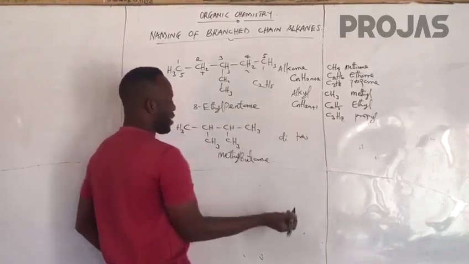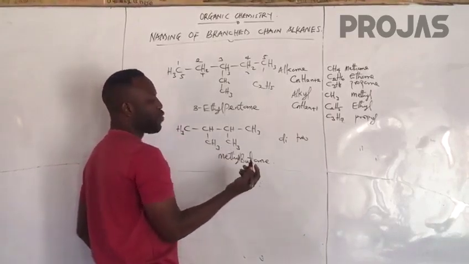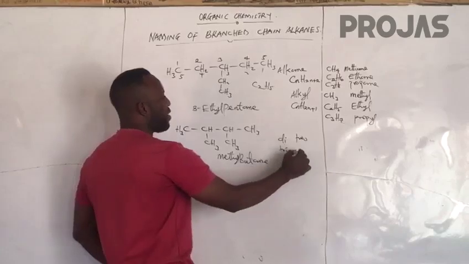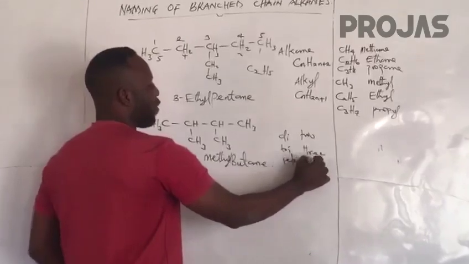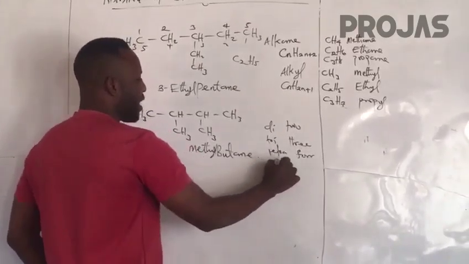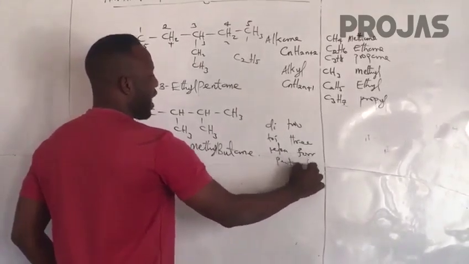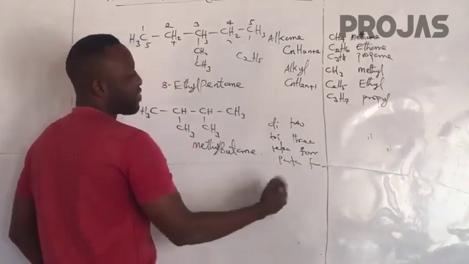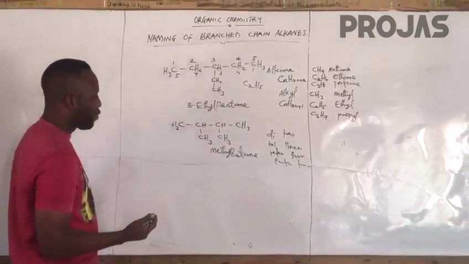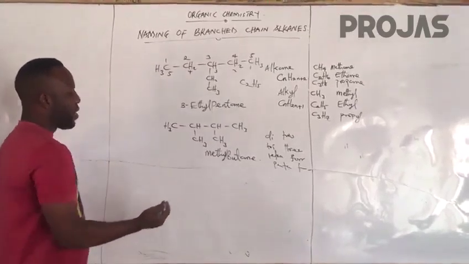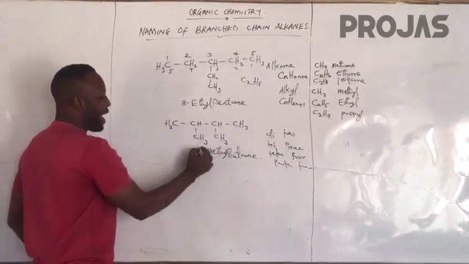If there are 2 alkyl groups of the same kind, we use di for 2. We use tri for 3, tetra for 4, penta for 5, hexa for 6, hepta for 7, octa for 8. But because there are 2 here, we say di.